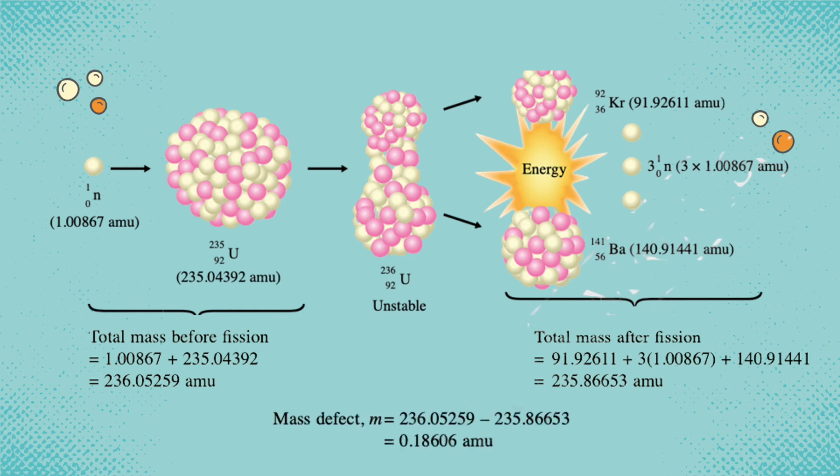Lastly, total mass before fission minus total mass after fission gives the mass defect. So, based on the example given, the mass defect is 0.18606 atomic mass unit. Is it easy, right?